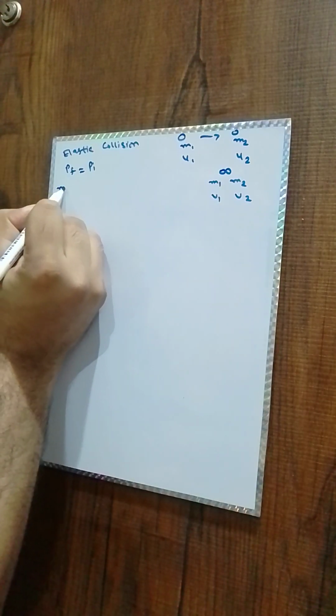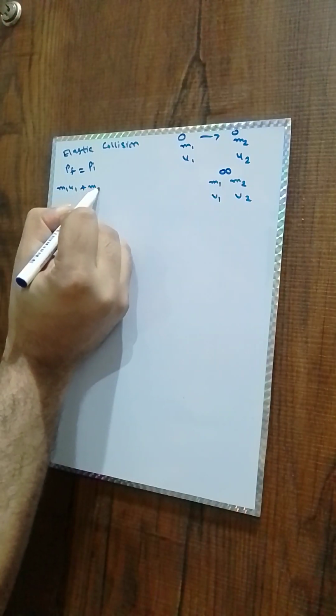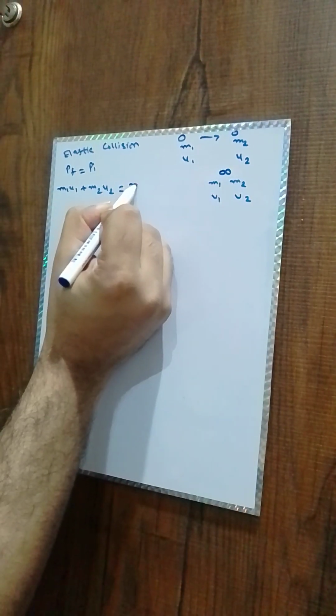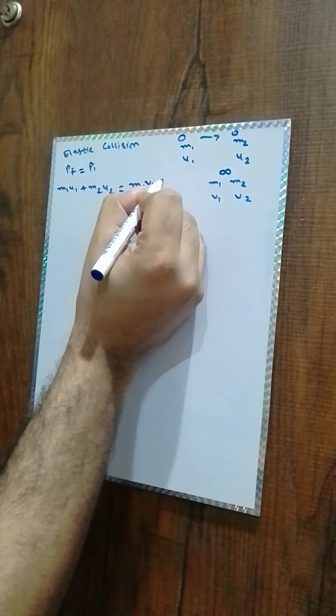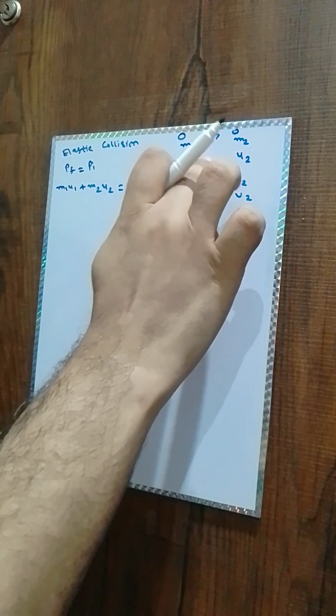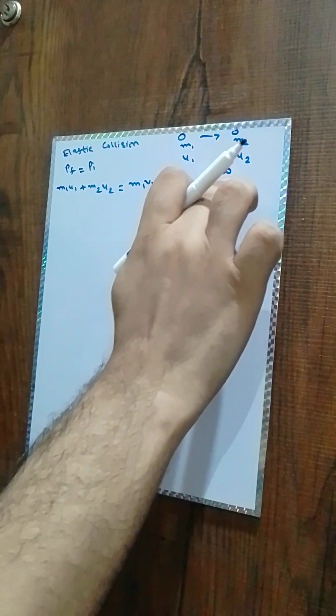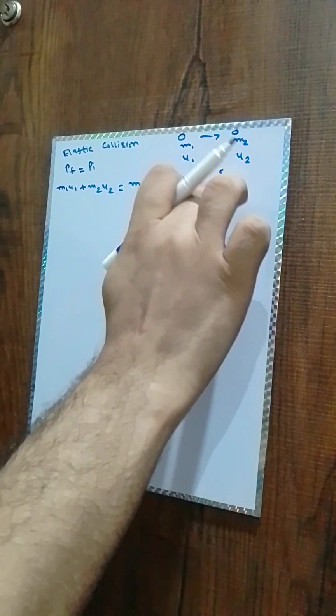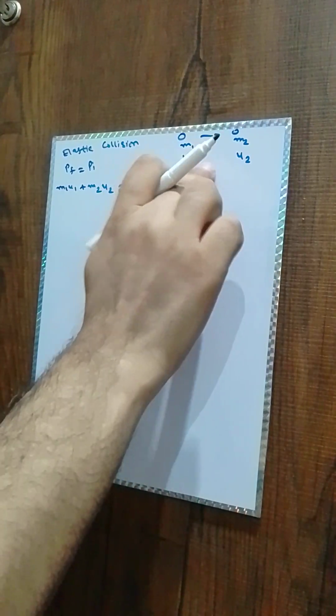So m1 u1 plus m2 u2 is equal to m1 v1 plus m2 v2. Okay, so this is equation 1.